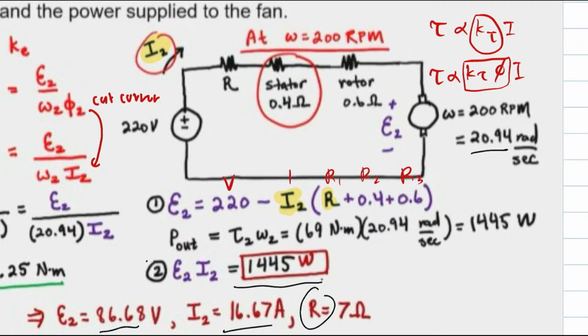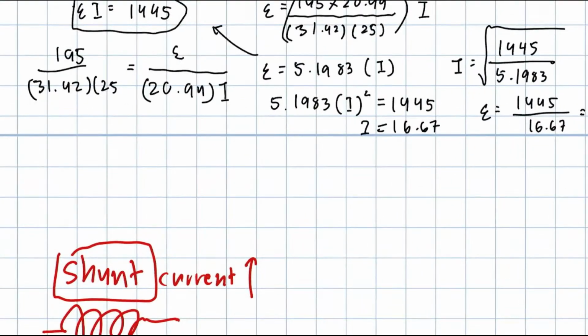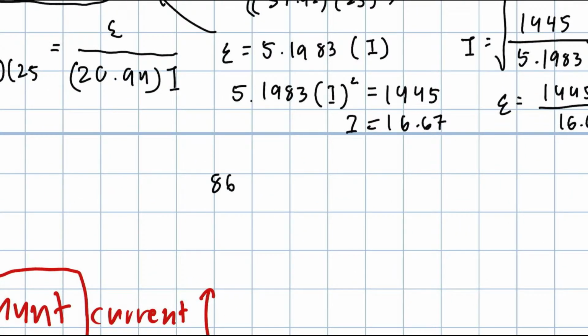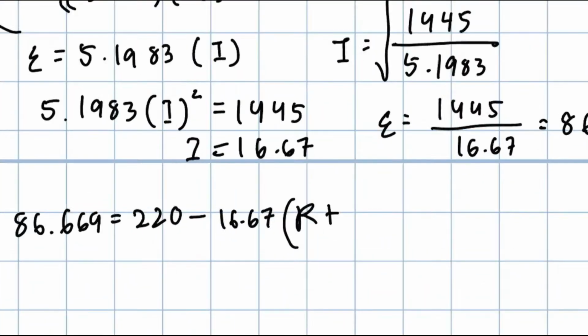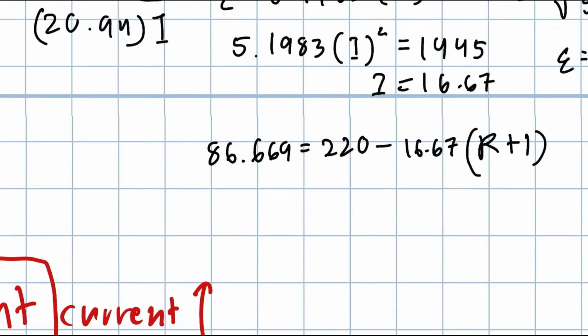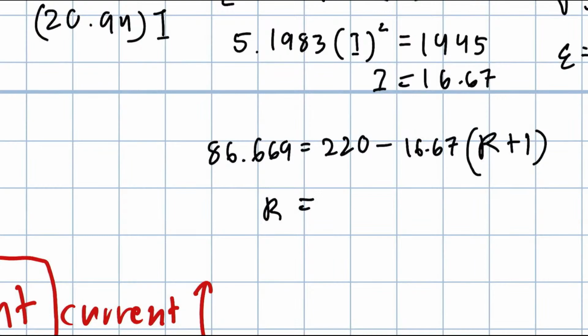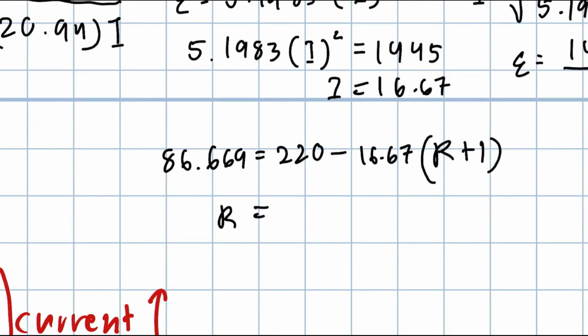R masukkan dalam equation ni. Okay, sekejap kita buat sama-sama je guys. 86.669 equals to V is 220 minus I is 16.67, R plus 0.4 plus R plus 1.